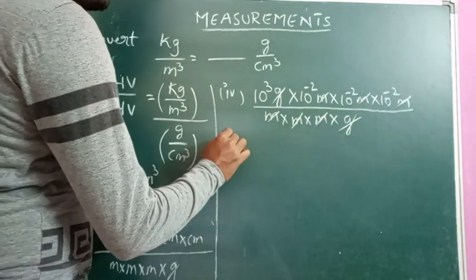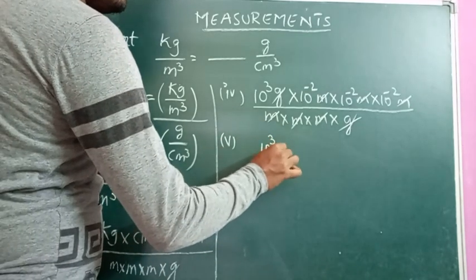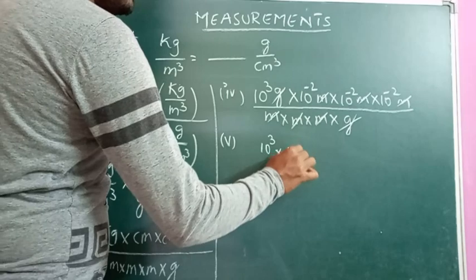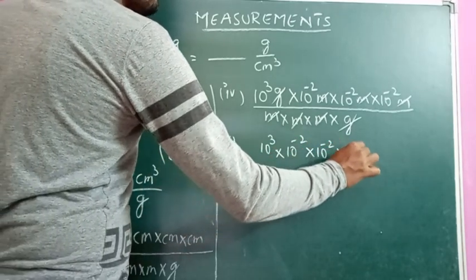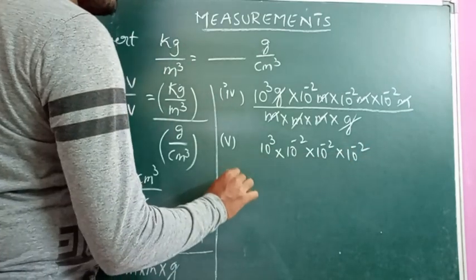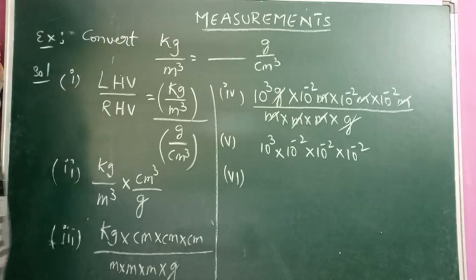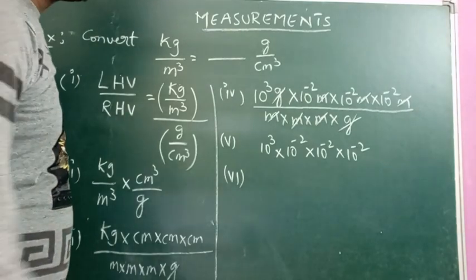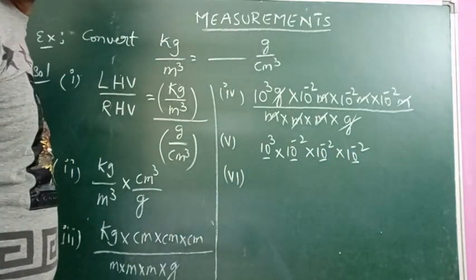So the final step. 10 power 3 into 10 power minus 2 into 10 power minus 2 into 10 power minus 2. So multiply the values. When the bases are same, the powers should be added.